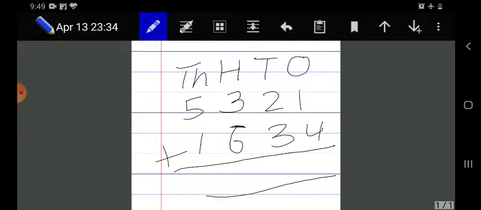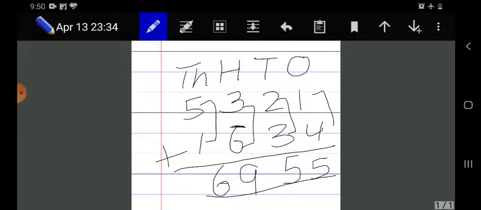1 plus 4 will become 5. Then 2 plus 3, if we add both these two, it will become 5. 3 plus 6 is equal to 9. 5 plus 1 is equal to 6. So as you can see in this sum, we have simply added the digits.